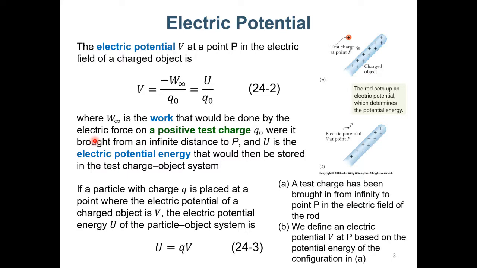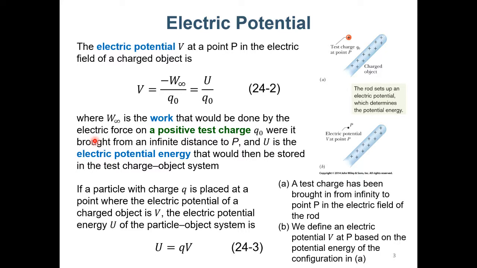You can use some work to put the charge near the rod, but you can regard it as the electric field doing the negative work so that the charge is placed near the rod.